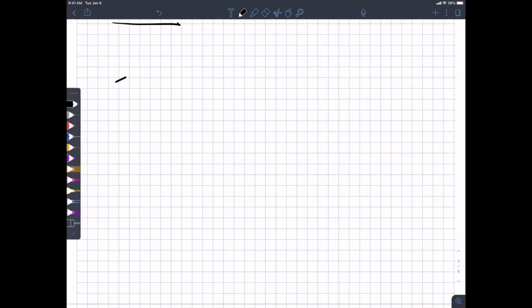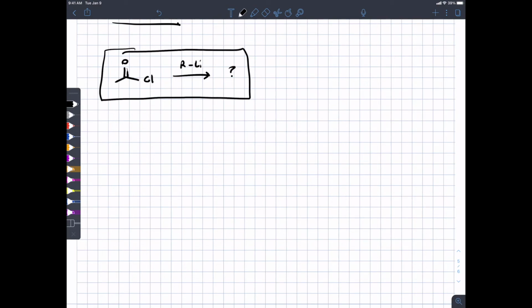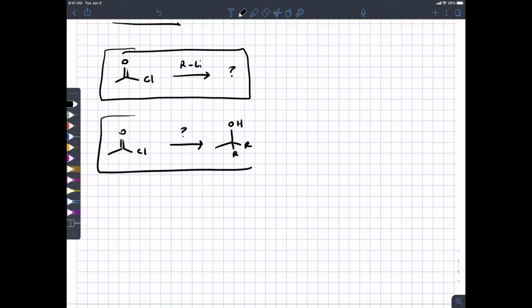So I have recommended in the past, and I don't know how useful it's been, that if you're struggling to remember details, imagine three sorts of quizzes that you give yourself. One where you take a starting material and a reagent and you predict the product. By the way, here it's a tertiary alcohol. Another where you take the starting material and the product and you have to figure out what the reagent is.